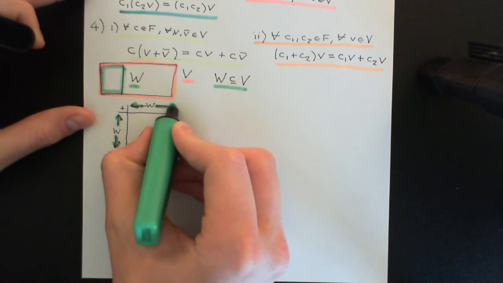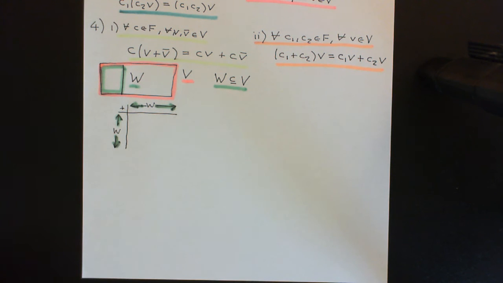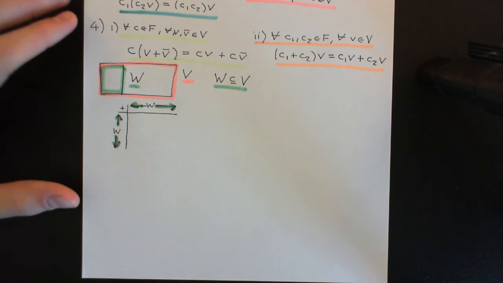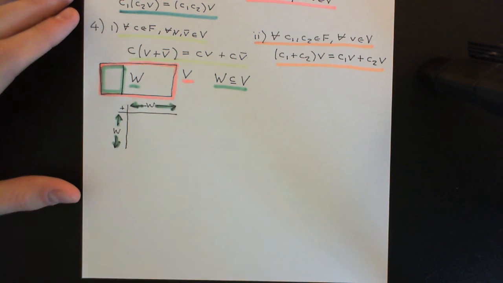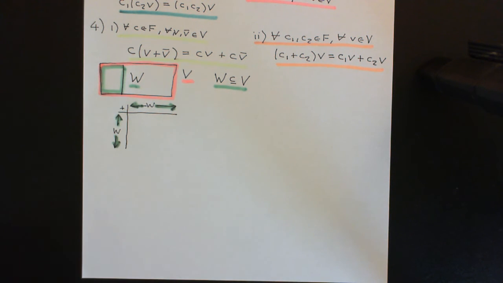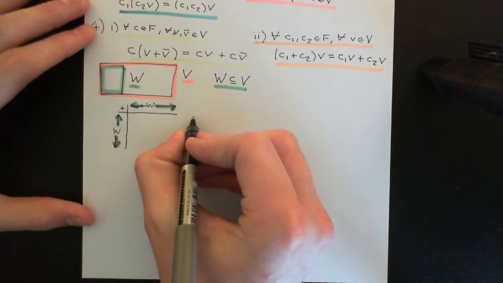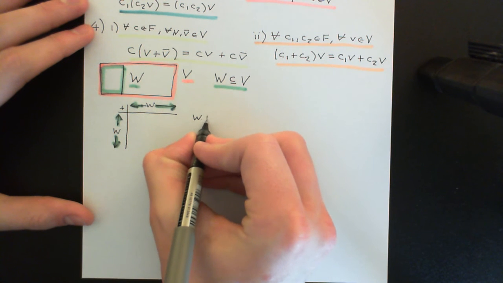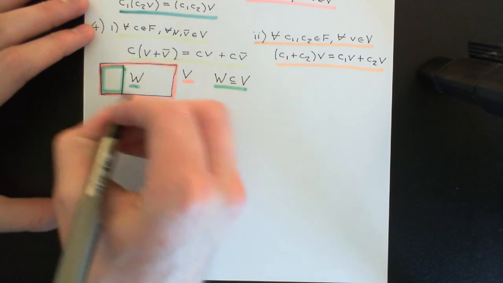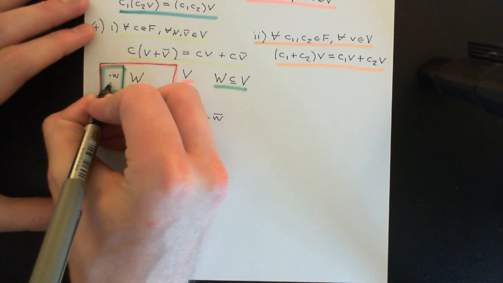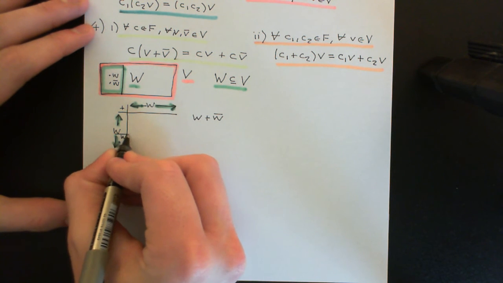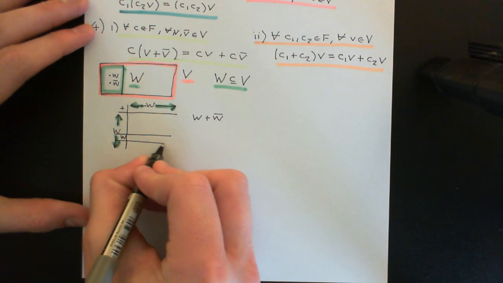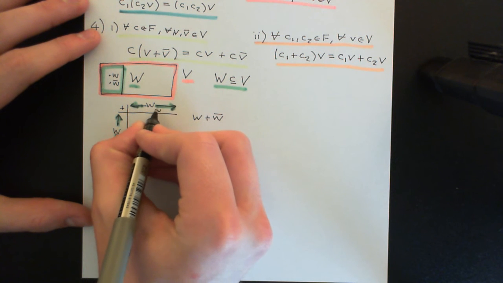Like so. And the way that we're going to define any two vectors from the subset W being added together is just using what they would be if we were working in the larger vector space. So if I have, for instance, some vector little w plus some other vector w bar, so these are two vectors from our subset W, and I want to know what I am going to define w plus w bar to be, I'll actually mark this on my composition table.